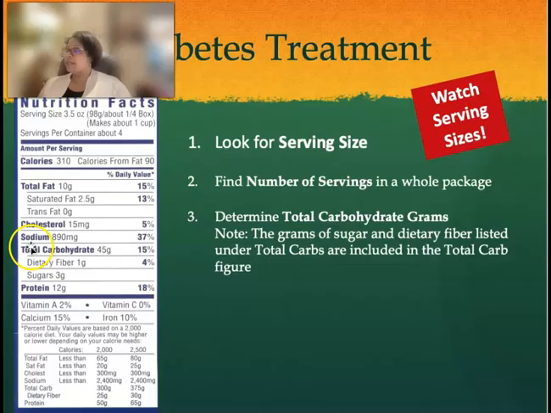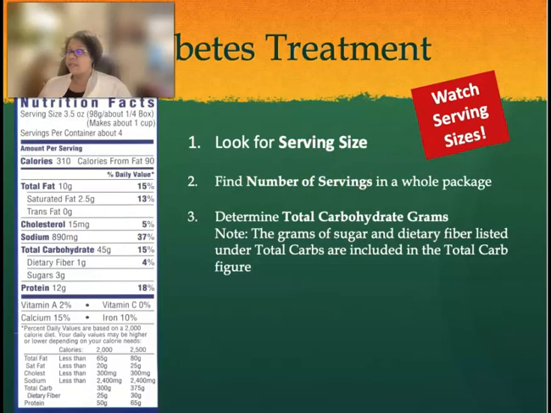This is just an example here. Some people might just look at, oh, it's just the sugar. No, we need to make sure that we look at the whole label and make sure that they are calculating it correctly. And also make sure that the serving size is appropriate for the amount that they're calculating.